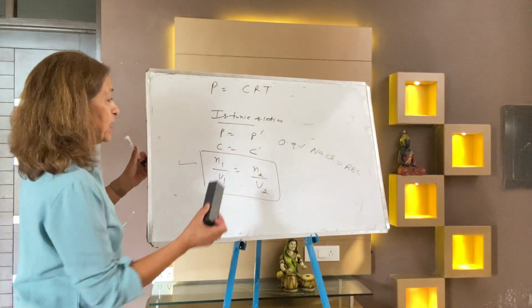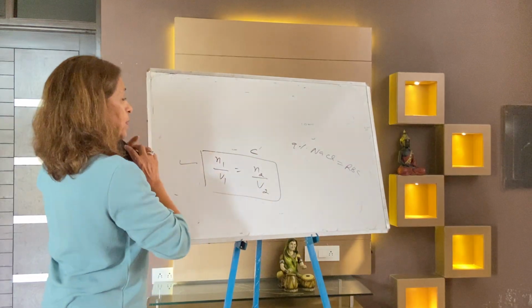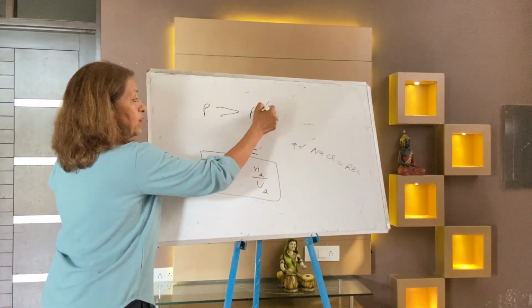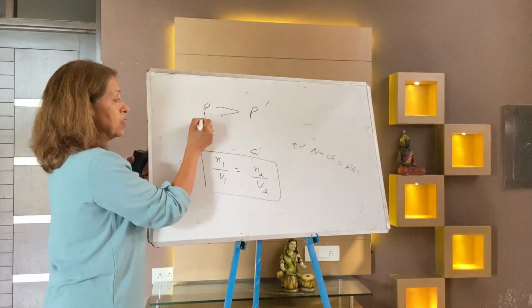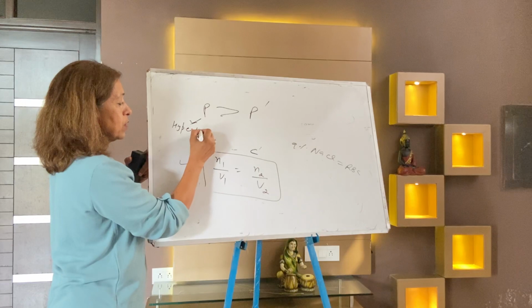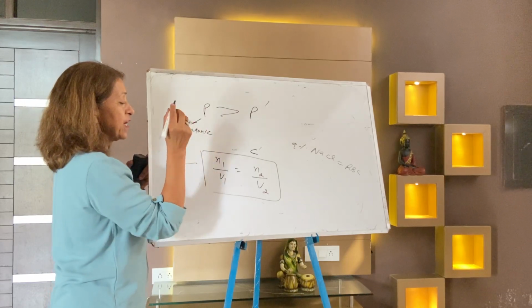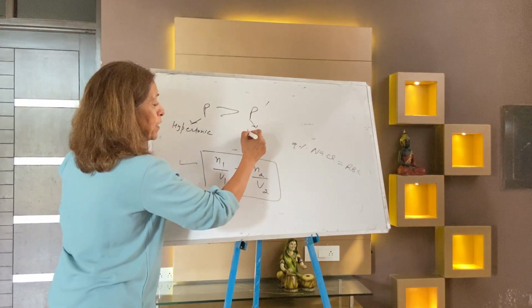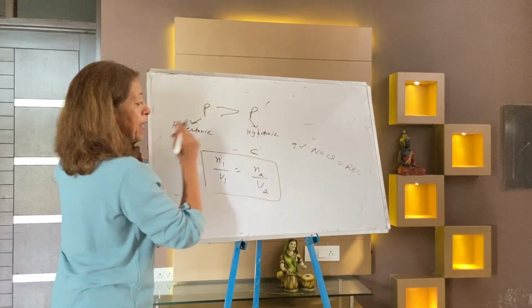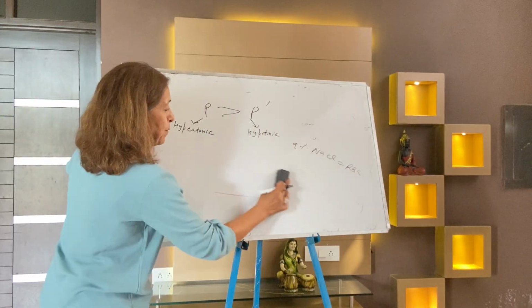Next, if P is greater than P dash, this is called a hypertonic solution. Hypertonic: whose osmotic pressure is greater. Whose osmotic pressure is less, it's hypotonic.